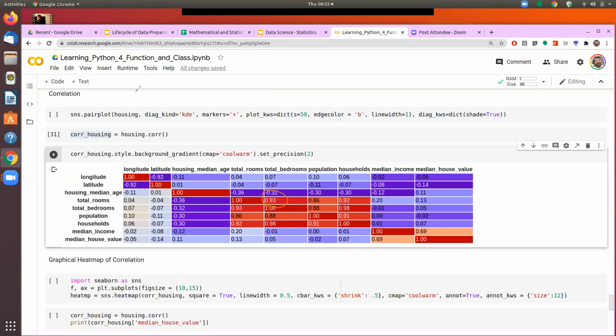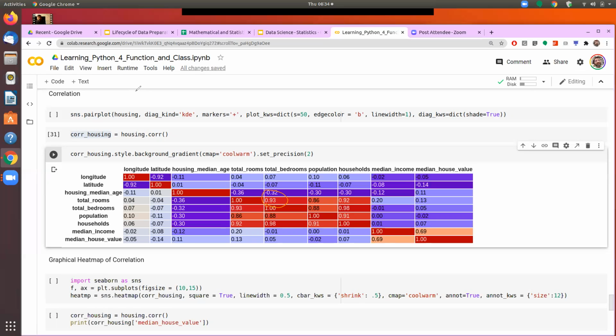So here the concept of correlation is that if the data sets move together, meaning the values go up in one data set and you see a higher value in the other data element also, then they are highly correlated. If one goes up and the other goes down, they are negatively correlated. And if the correlation value is 1, it means that they are perfectly correlated.